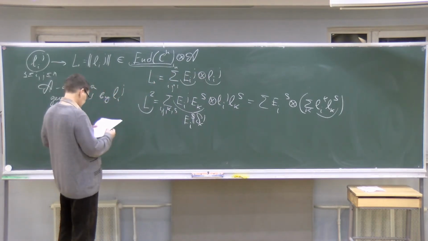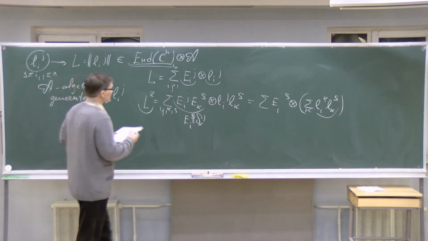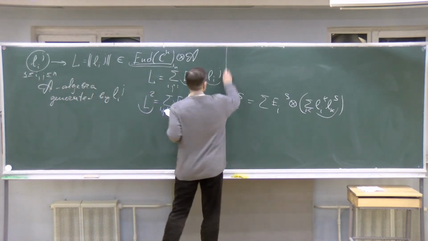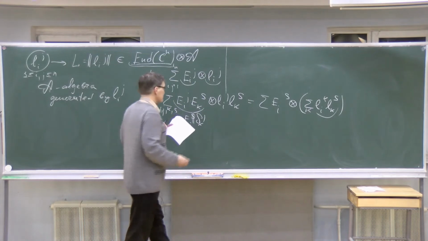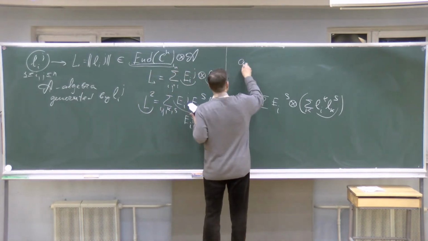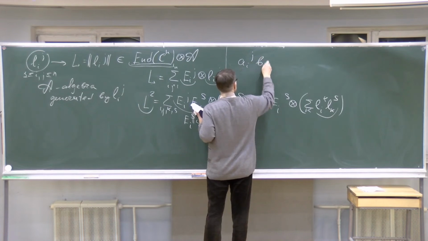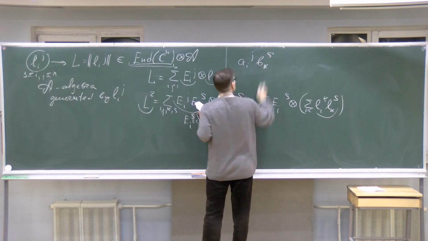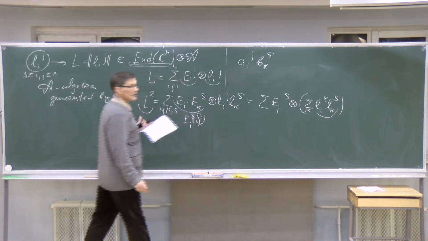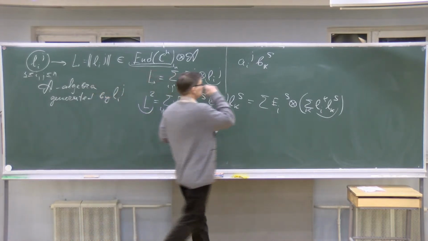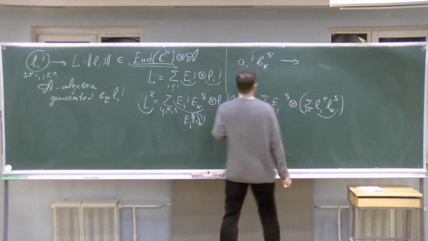Then we are interested in some monomials in generators. For example, we can take some quadratic elements.